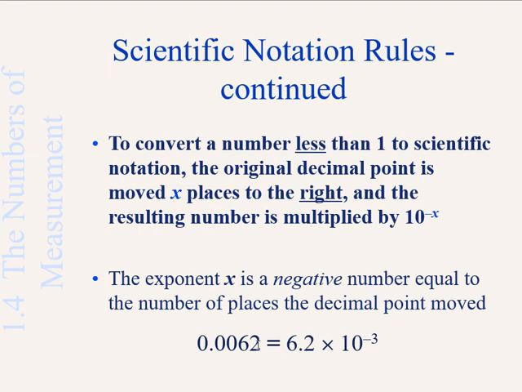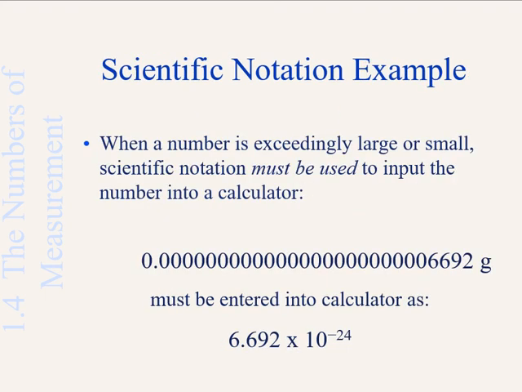Because I am converting this to a larger number, my exponent here will be a negative value, and I am moving to the right. So how many decimal places am I moving? 1, 2, 3. Hence this is 6.2 times 10 to the negative 3. That's how we get our scientific notation.